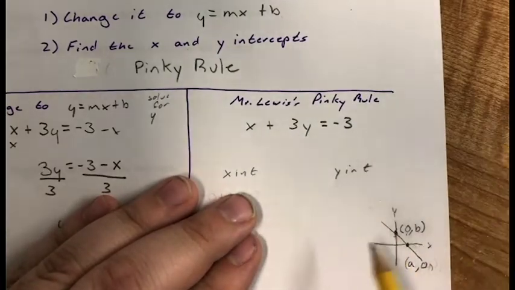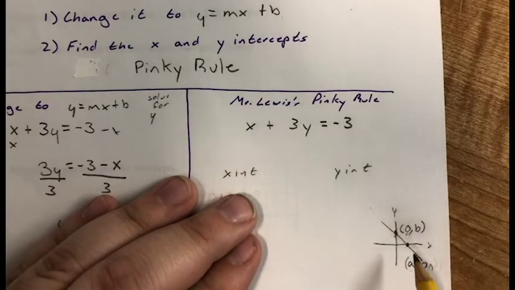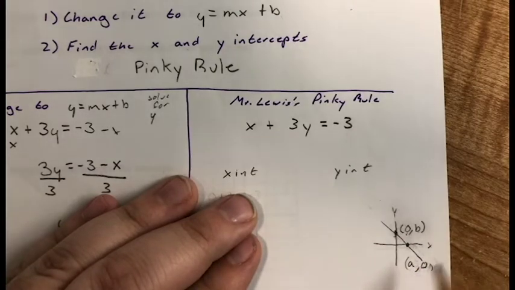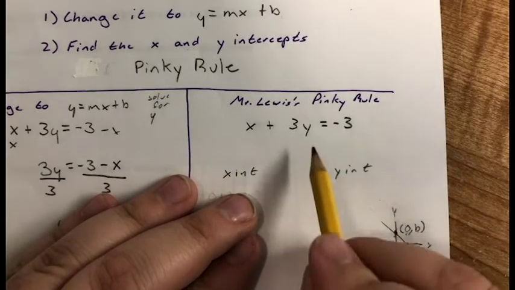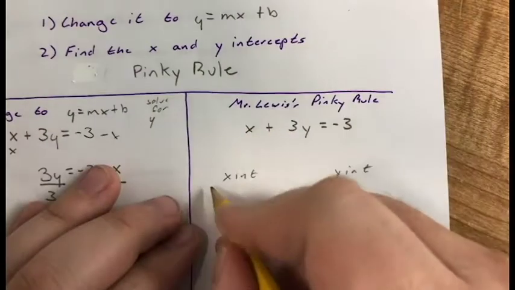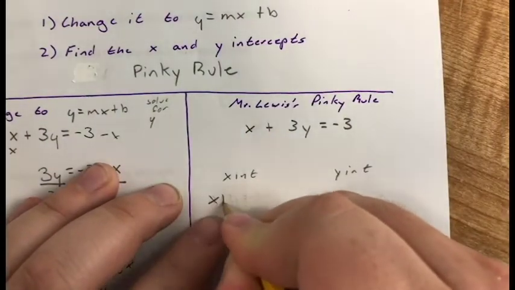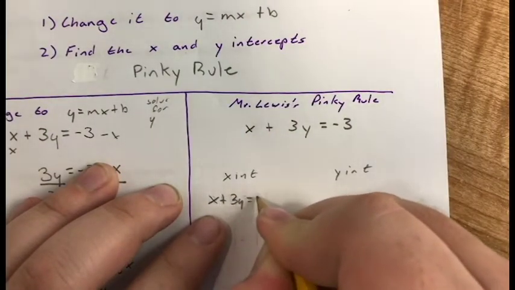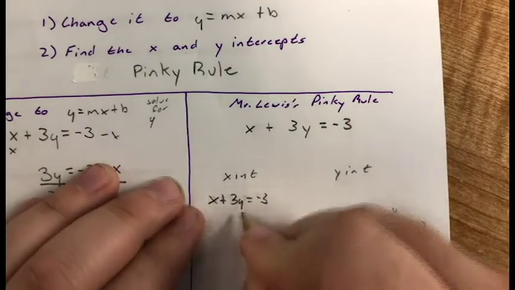So how do we do that? Well, let's start with the x-intercept first. So the x-intercept, we know that y is 0. So if I take 0 and plug it in the place of y, I can find my x-intercept. So this is how it would go. I have the original equation, and I'm going to plug 0 in the place of y.